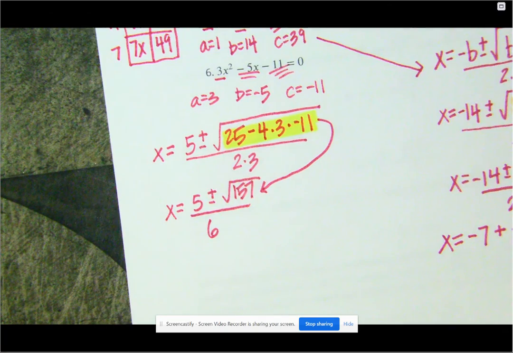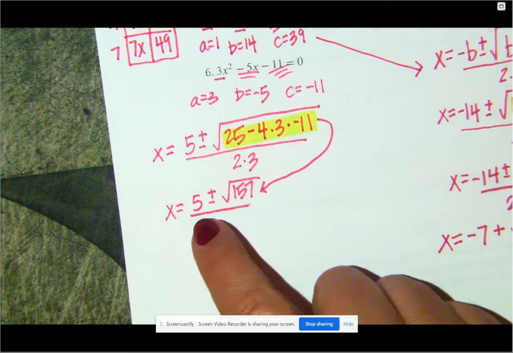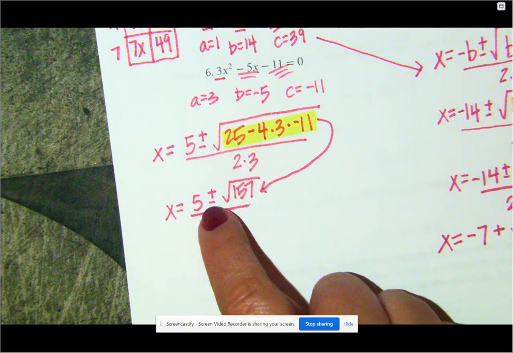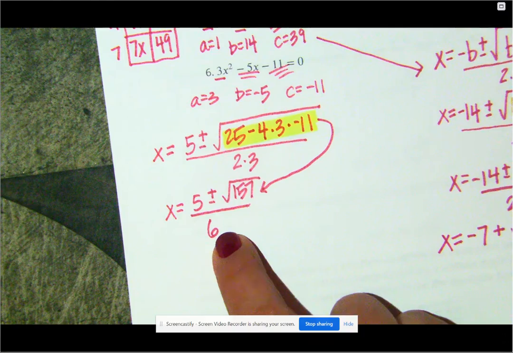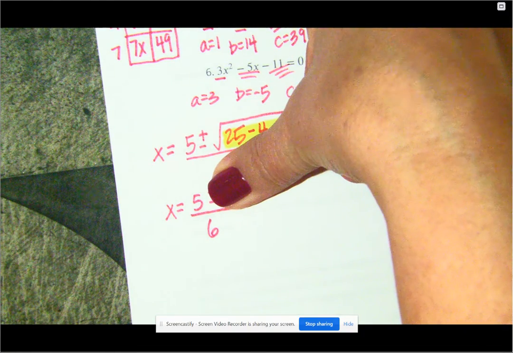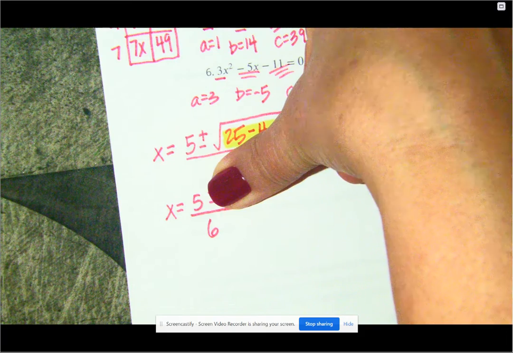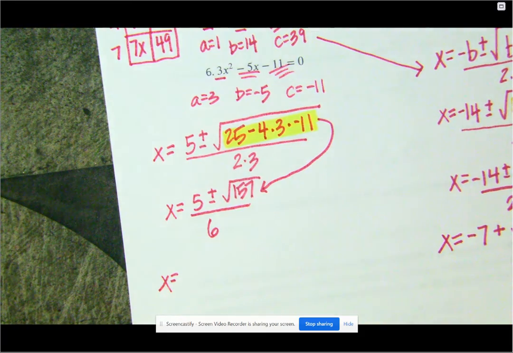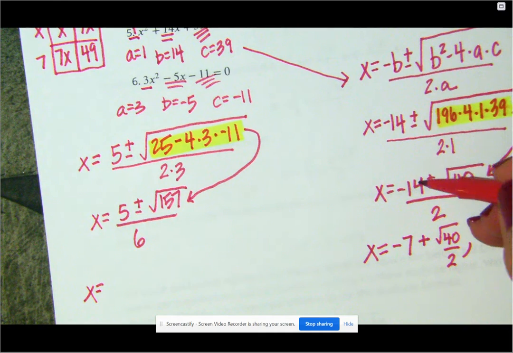Okay, now we need to write our final answers. It's 5 plus this guy divided by 6 and 5 minus this guy divided by 6. Now let's make sure we can't clean it up. 5 divided by 6? That doesn't clean up, so I'm just going to leave it. So here we go. How do we write our two answers? Like the last one, 14 divided by 2 made 7.